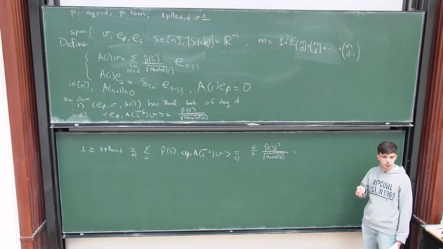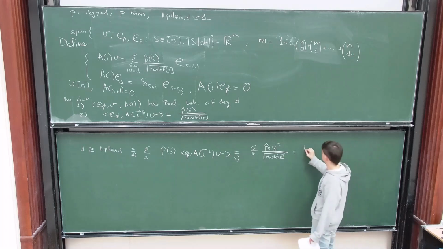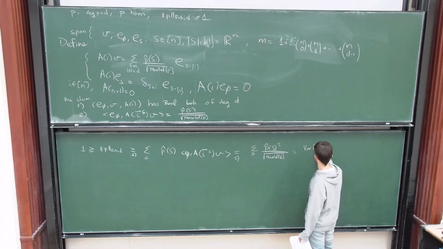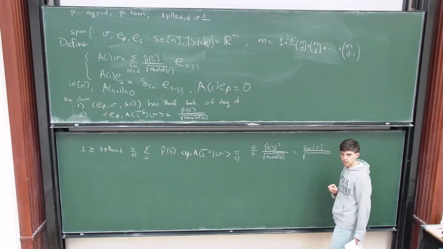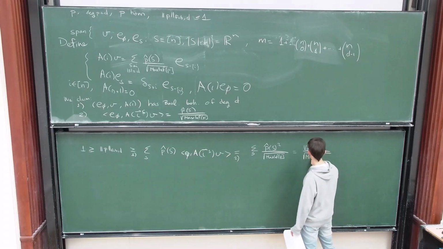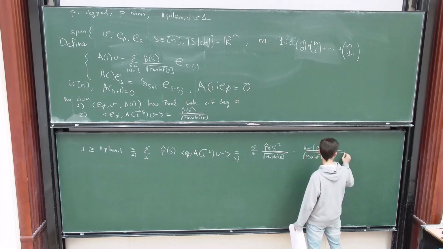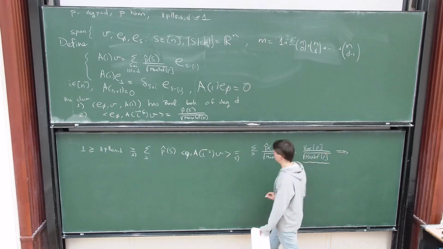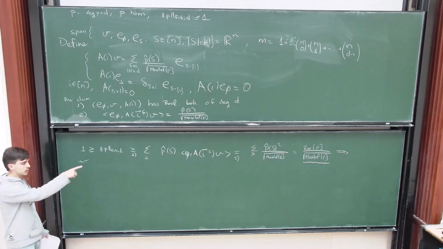And this is a homogeneous polynomial, so the sum of the squares of the Fourier coefficients is the variance. It's already squared. Oh, no. Okay. Yeah, the square root is in the denominator. And then what we got is that 1 is bigger or equal than this quotient.